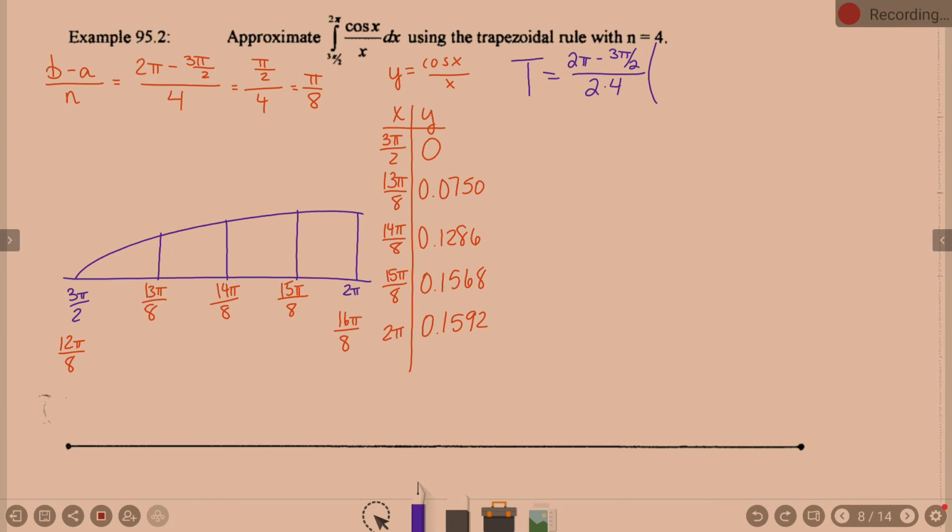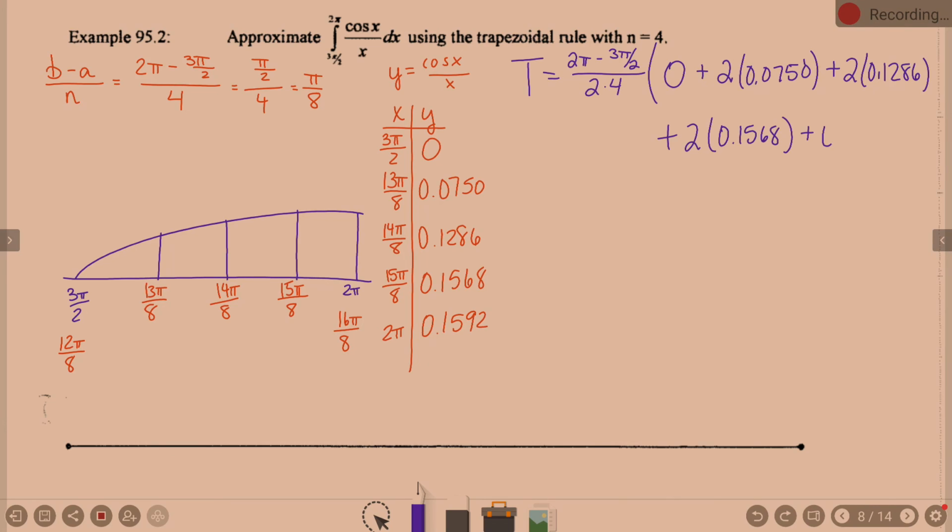And then, in parentheses, the first time we just put the first y value, so 0 plus 2 times 0.0750 plus 2 times 0.1286 plus 2 times 0.1568.